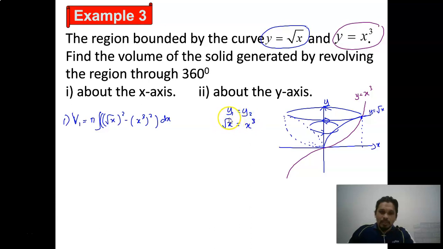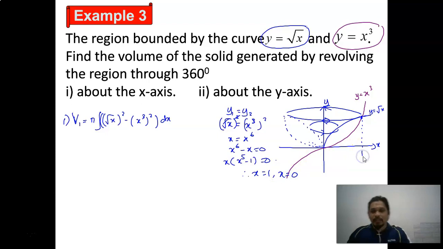To eliminate this square root sign, square left and right. So x equals x to the power of 6, then x^6 minus x equals 0, then x(x^5 minus 1) equals 0. Then x equals 1 and x equals 0.